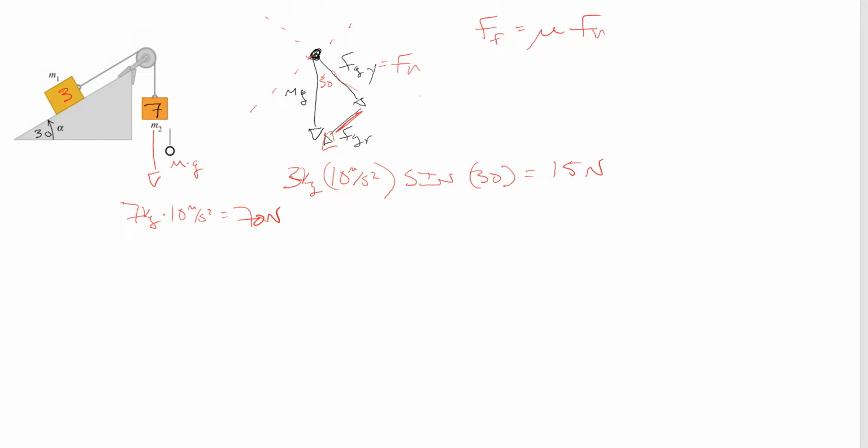So the normal force, F sub n, is always equal to the mass of the object, so mg, mass, gravity, times the cosine of theta. So 3 kilograms times 10 meters per second squared times the cosine of 30 degrees. 0.866 times 30 is going to give us a value somewhere in the neighborhood of 25.98. So we'll just call it 26 newtons.